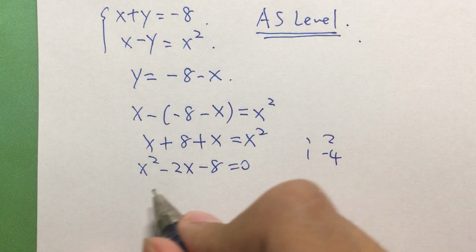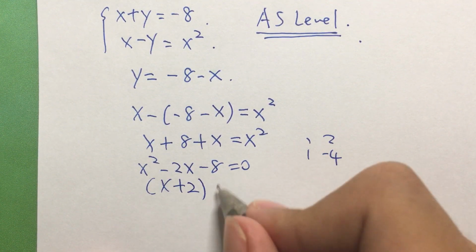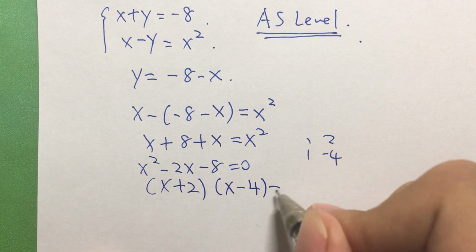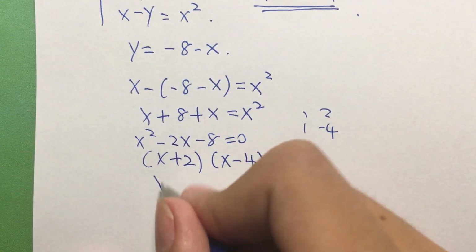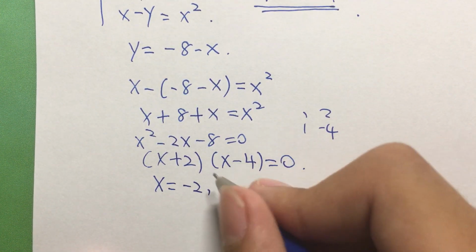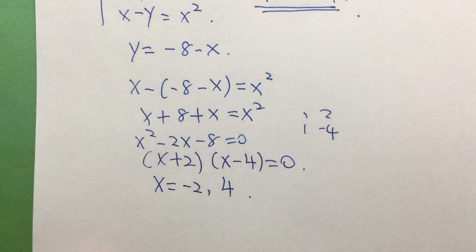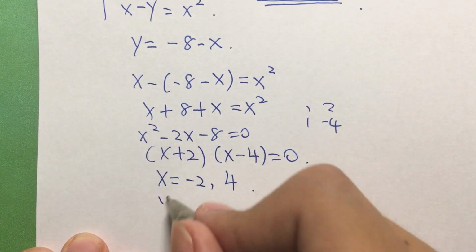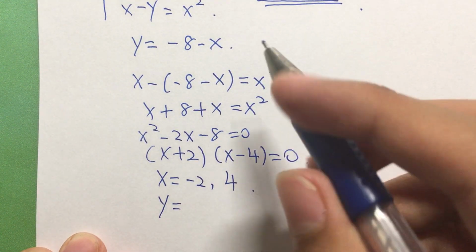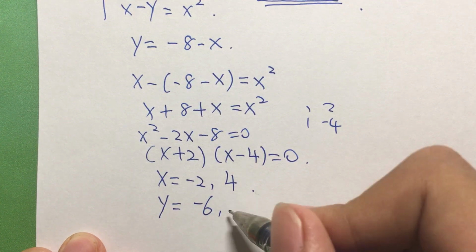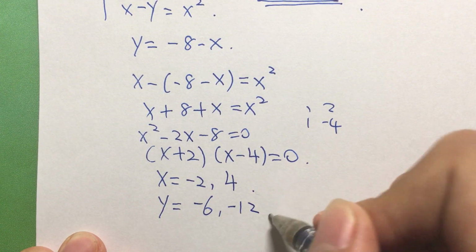And this will be (x plus 2)(x minus 4) equals 0. Then x is equal to negative 2 or 4, and which means y is equal to negative 6 and negative 12.